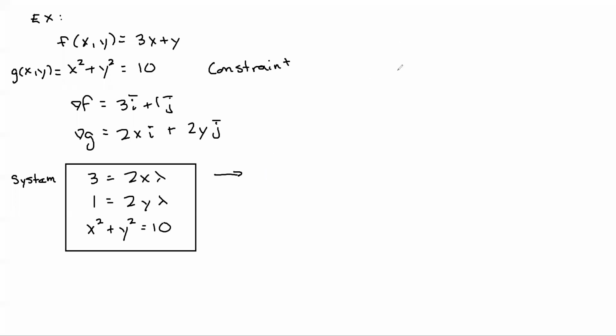We're solving for x, not lambda. So we're going to take the 2 and the lambda and divide them over. So we get x equals 3 over 2 lambda. And then we solve for y. We get y equals 1 over 2 lambda. Then I'm going to take those two and plug them into the third equation. And so we're going to get (3 over 2 lambda) squared plus (1 over 2 lambda) squared.